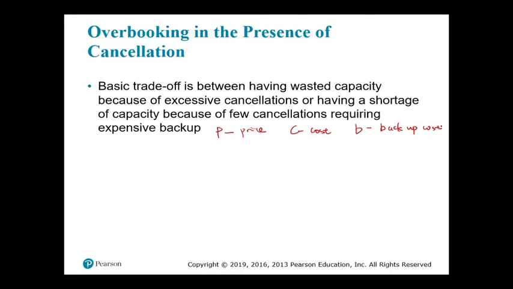So then we can calculate the marginal cost of having wasted capacity, say CW, then this CW is equal to P minus C. And the other side of it is the marginal cost of having a capacity shortage.